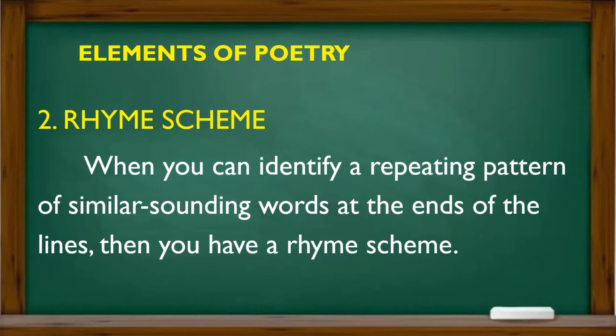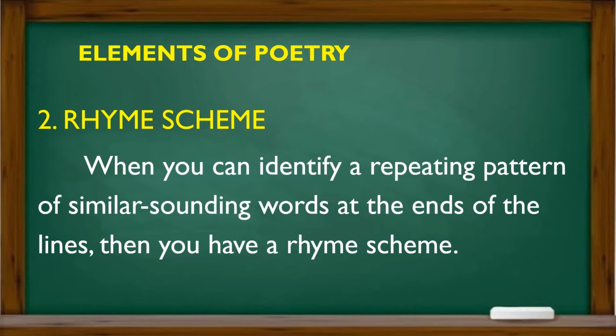Number two is rhyme scheme. When you can identify a repeating pattern of similar sounding words at the ends of the lines, then you have a rhyme scheme. Some writers or poets simply assign a letter of the alphabet, starting with A, of course, to each word at the end of a line of poetry. Rhyming words are given the same letter.